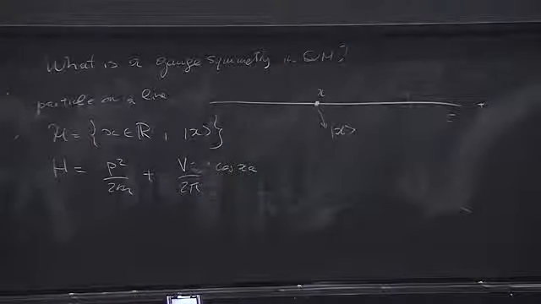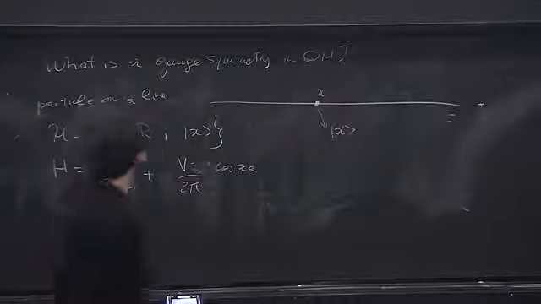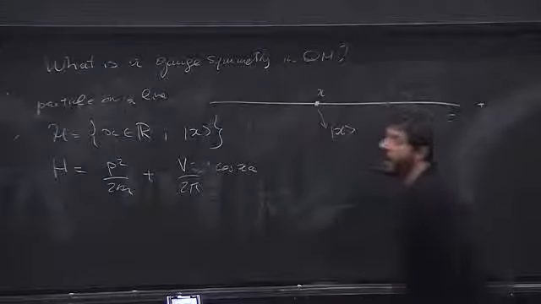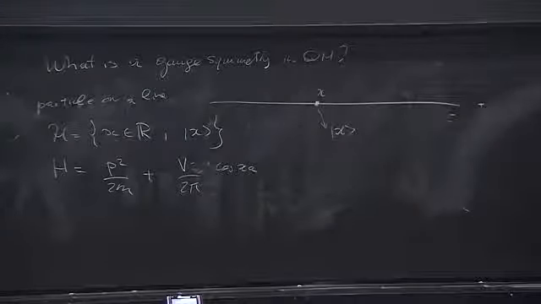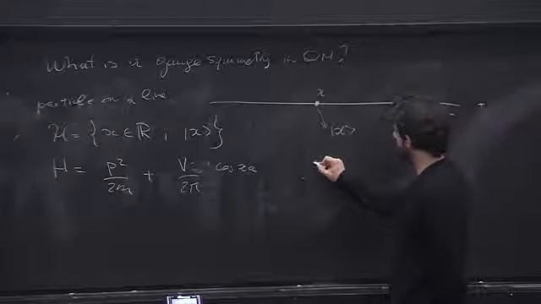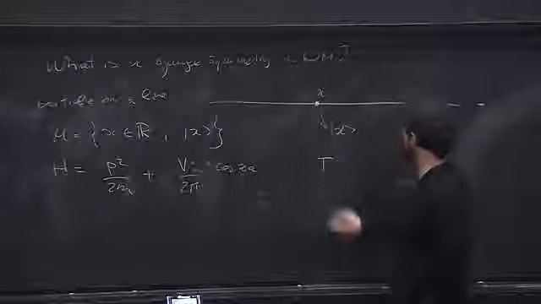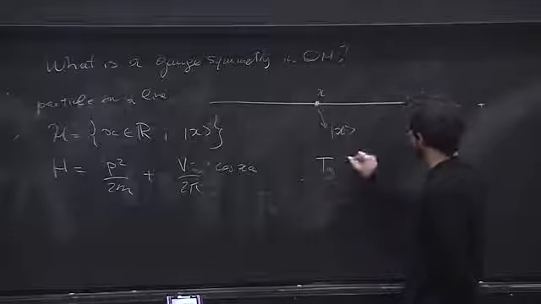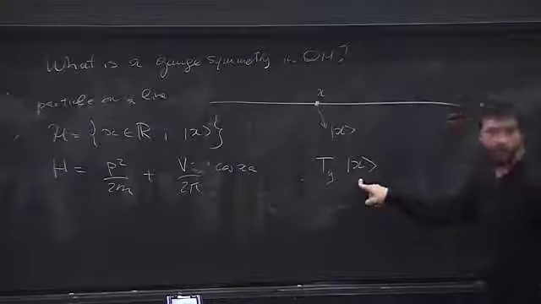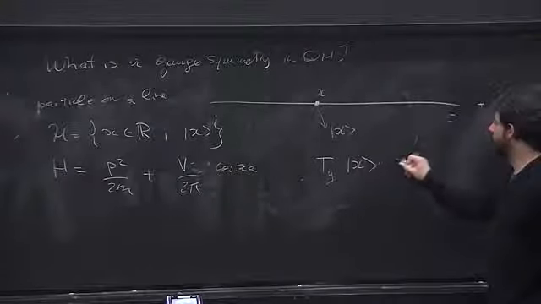So you see that there is a periodic potential. Now, let me define the shift operator, the translation operator, T_y, that if I apply it on the ket x, gives me x plus y.